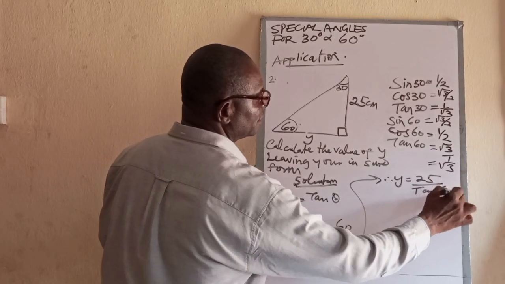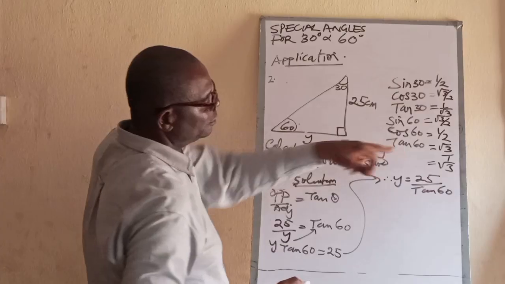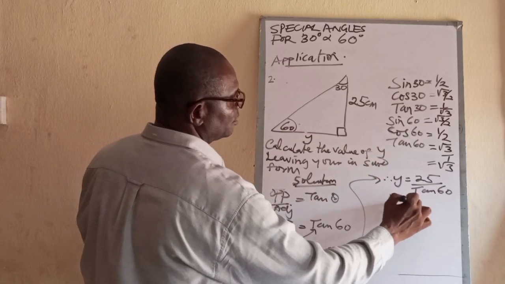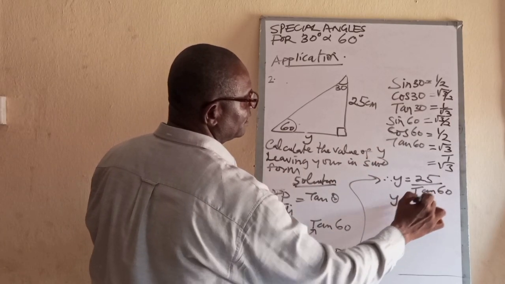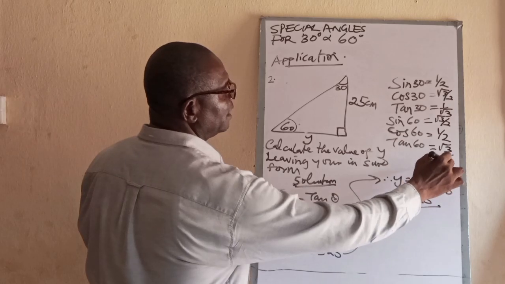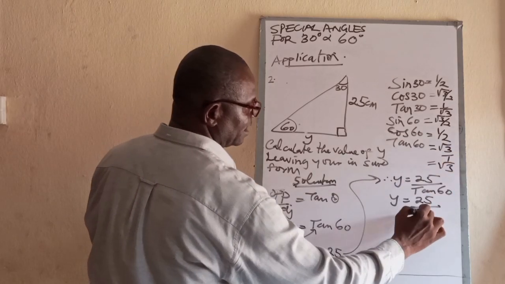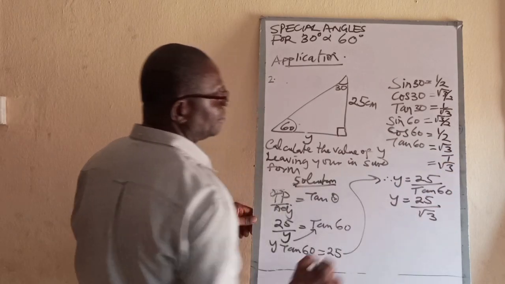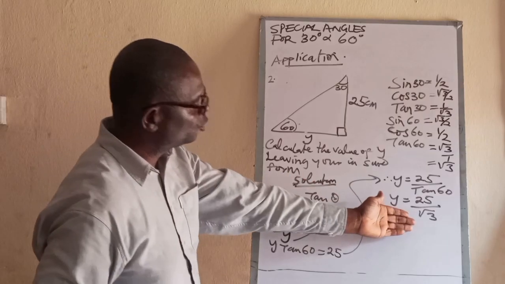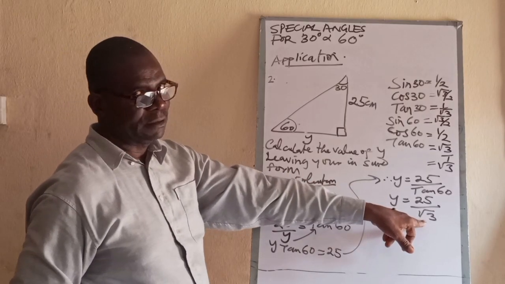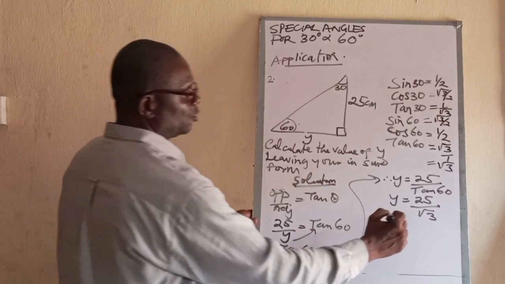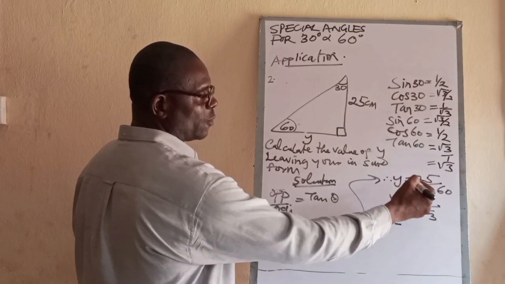Now from our table, y is equal to 25 divided by tan 60, which is root 3. You can see that root 3. Now this ideally is supposed to be the answer, but we need to rationalize. There are some students that will stop at this level.